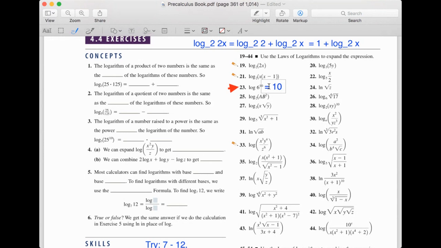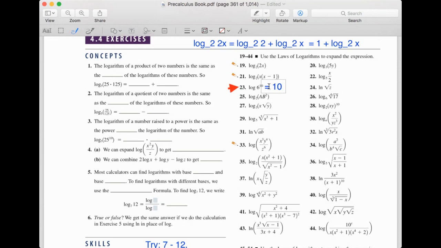So it says log 6 raised to the 10. Since there is no number with a log, we know that by default the base is 10. Since the exponent is 10, we put the 10 before the log.